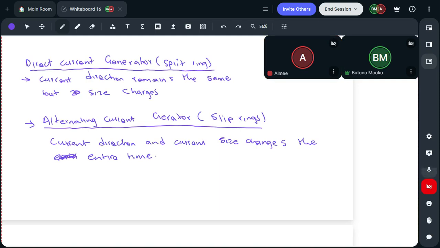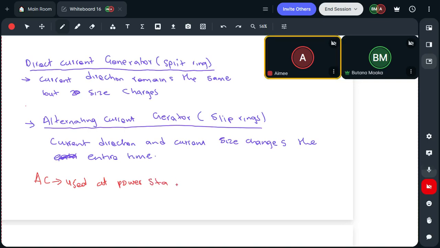Okay, so now for alternating current, we use alternating current generators at power stations to generate current, you know? Yeah. They will ask you where the AC is used. The AC is used at power stations. They'll definitely ask you this one.